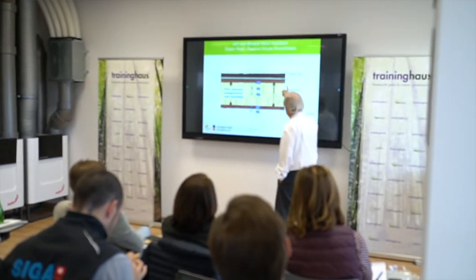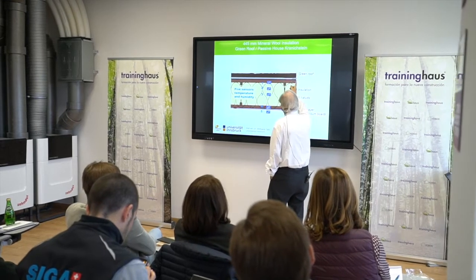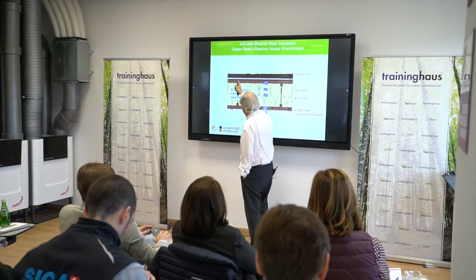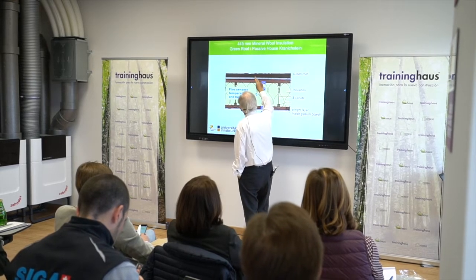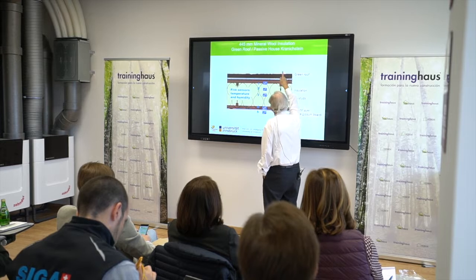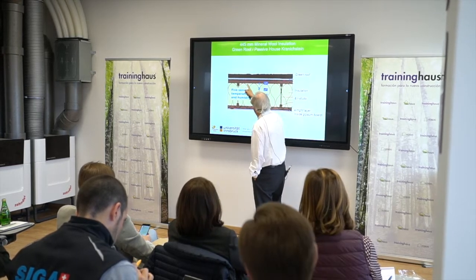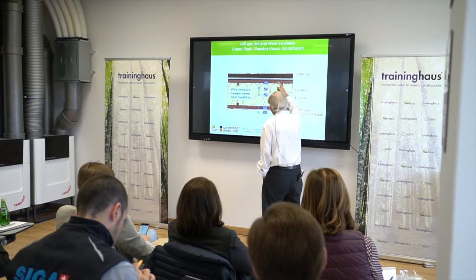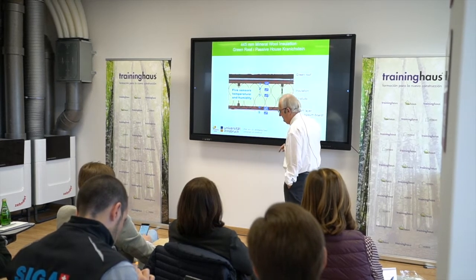What you see here is the green roof, the film for the water stop from the outside. That is the load-carrying timber construction. These are the load-carrying beams here, and there is the insulation. It's a blown-in insulation in this type.